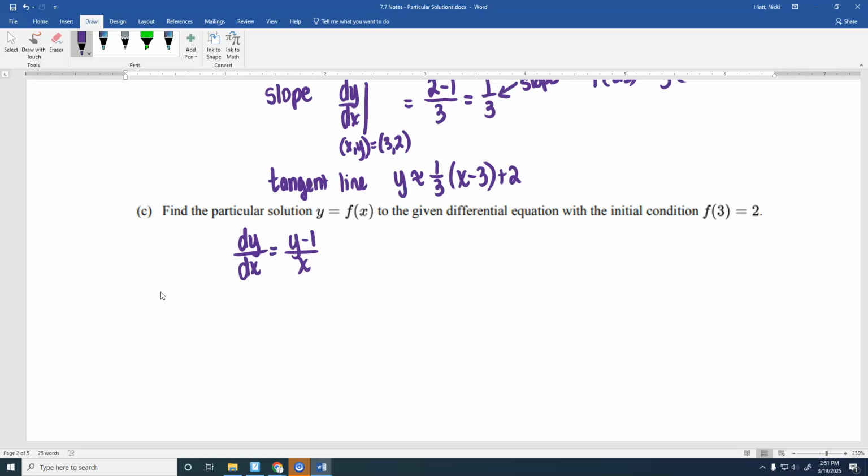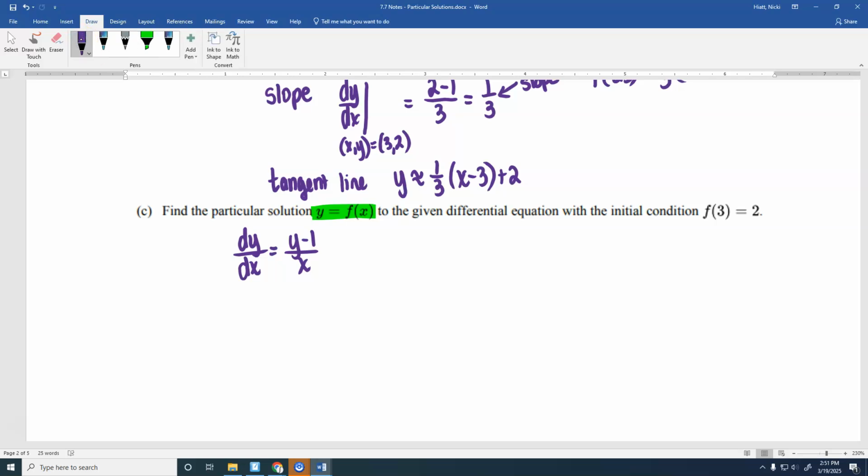If you see a differential equation free response question, they say find the particular solution y equals f of x to the given differential equation with the initial condition f of 3 equals 2. This part right here, y equals f of x, that is them telling you that you have to solve the equation for y. So you can't just stop once you have found the solution. You have to solve that equation for y.